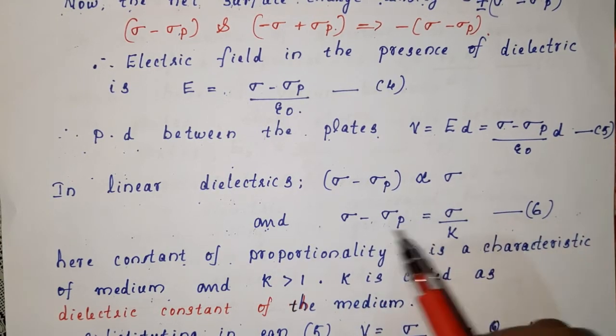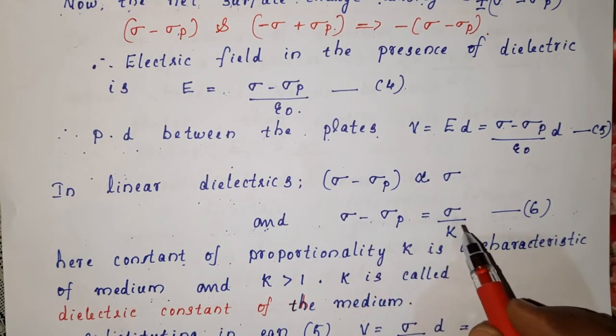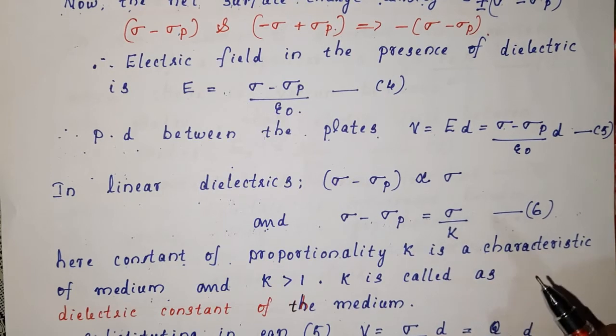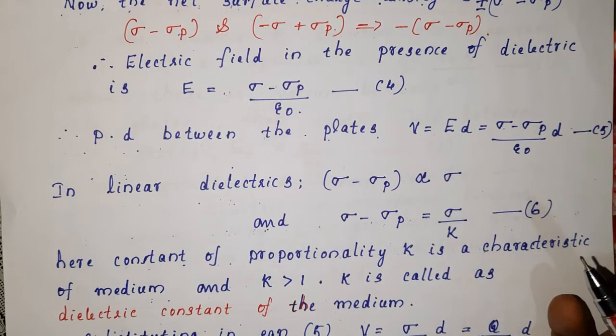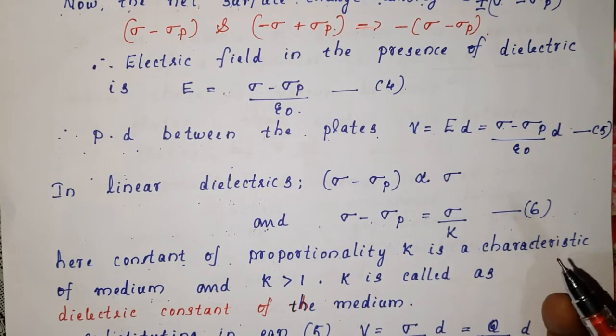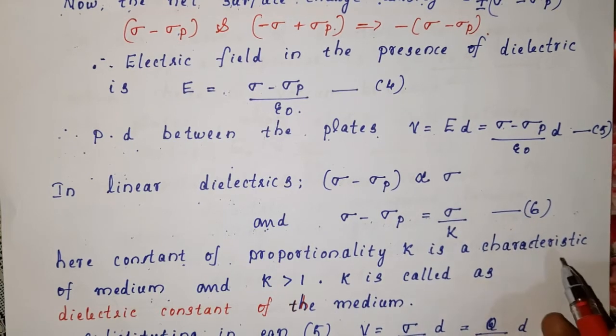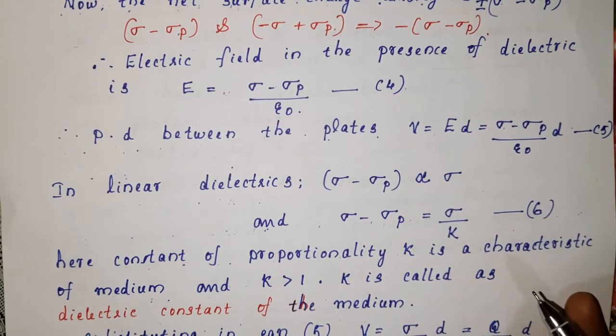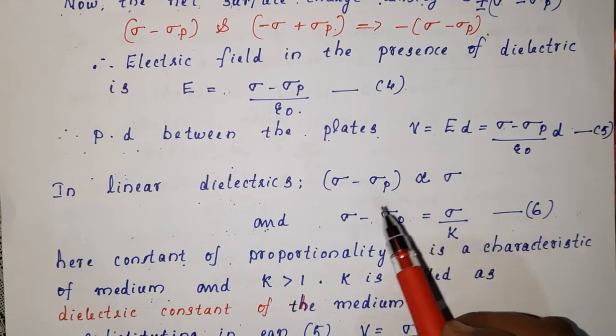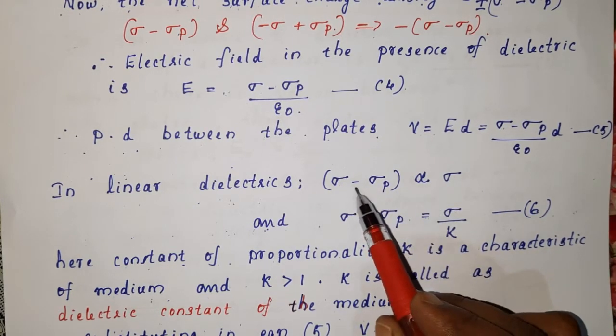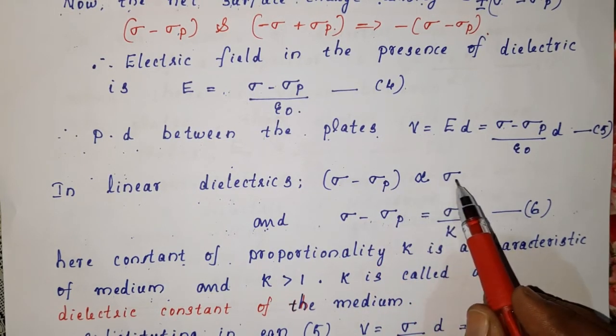proportional to sigma, or sigma minus sigma p is sigma by k, where k is a constant of proportionality and it is a characteristic of the dielectric medium. Okay, we wrote sigma minus sigma p is proportional to sigma.